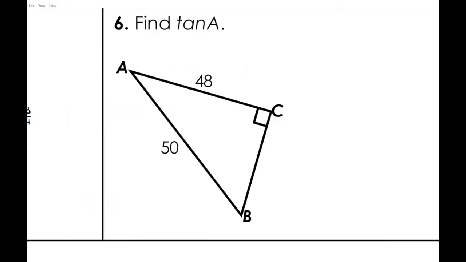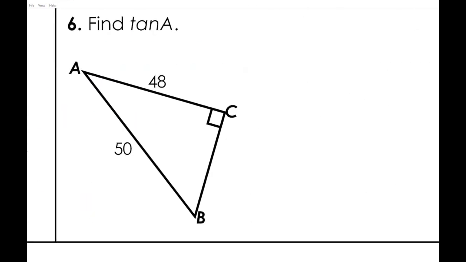All right. I'm just going to go ahead and pop this 14 in here because we found it on the last one. If you did not remember it on the cosine problem, remember that we've got the Pythagorean theorem at our disposal. So it says find the tangent of A. So this is A up here in the corner. Across from our right angle is always going to be the hypotenuse.